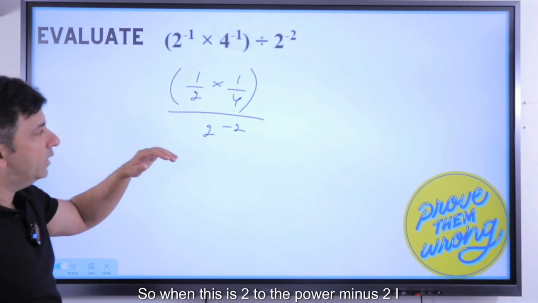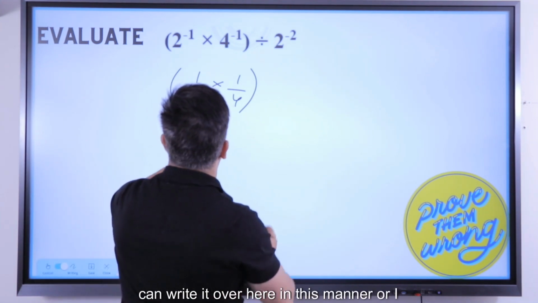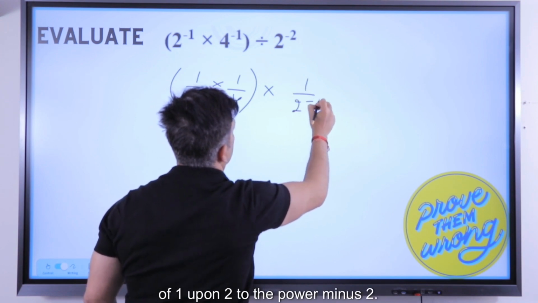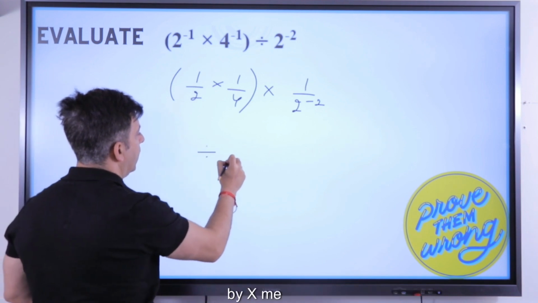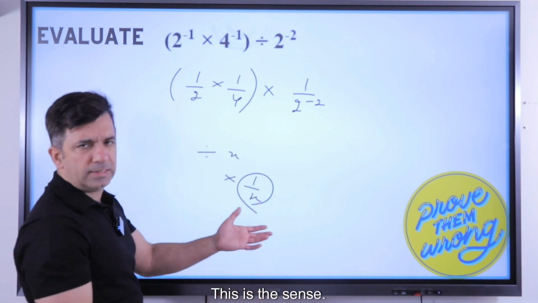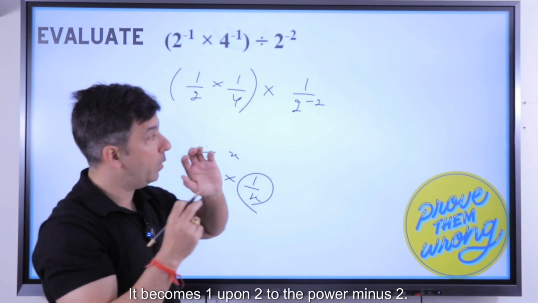So when this is 2 to the power minus 2, I can simply write this as multiplication of 1 upon 2 to the power minus 2, which we know means the same thing. Divided by x means multiplied by 1 upon x. This is the sense. So I've just taken the reciprocal of this expression. It becomes 1 upon 2 to the power minus 2.